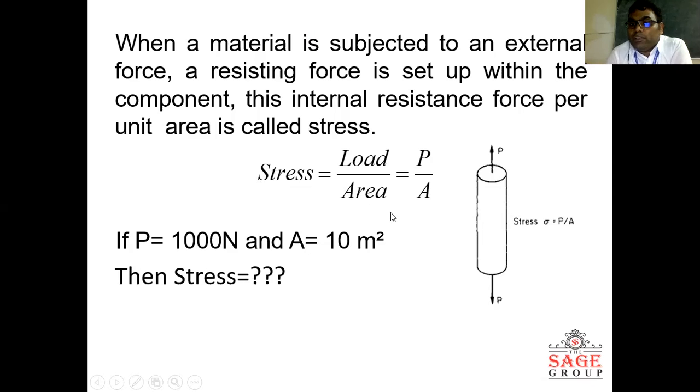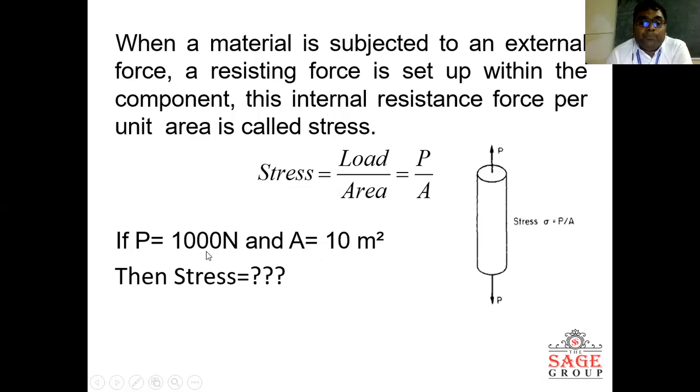But in the actual definition, the force of resistance per unit area is called the stress, because till the equilibrium condition both applied load and internal resisting force developed inside the material are equal, so we can directly write this equation in this way.